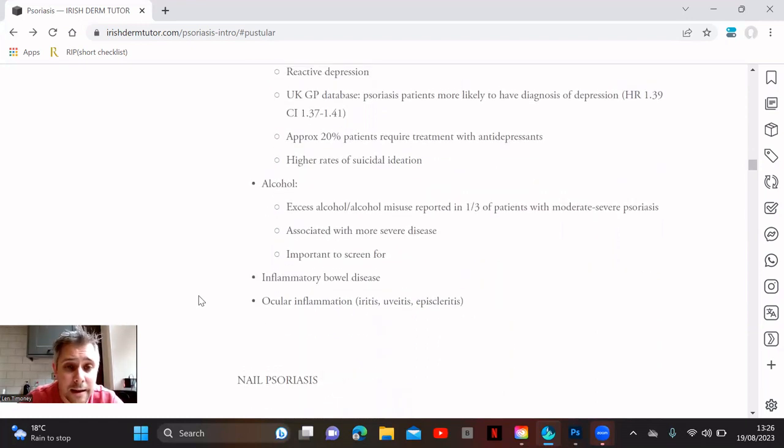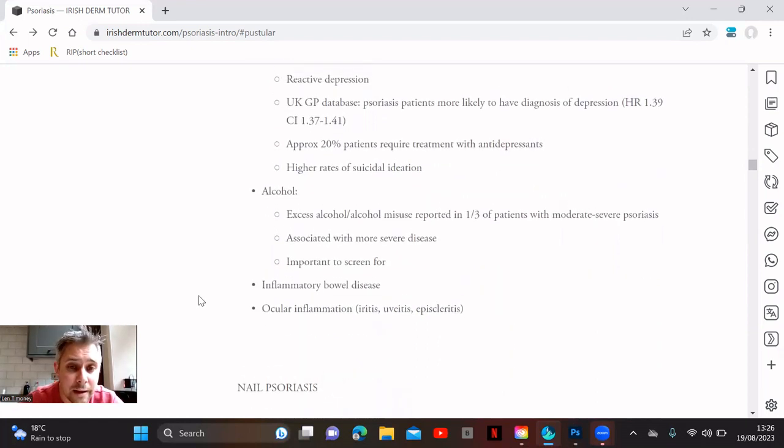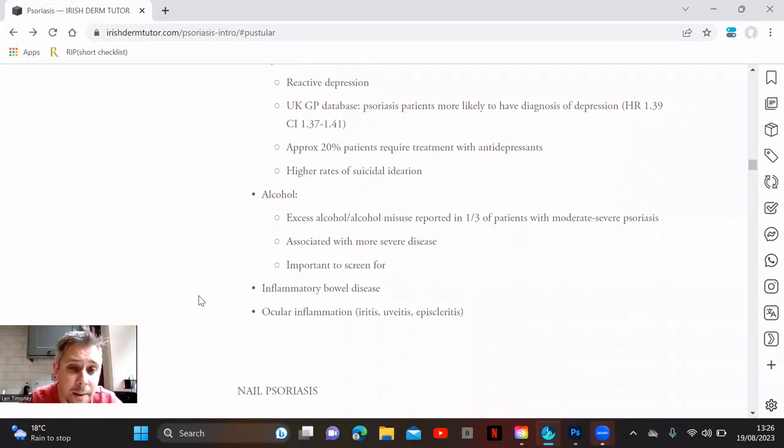And alcohol again is associated. Now is it in part due to their alcohol or their possibly unhealthy lifestyle that they're getting flares of psoriasis, or is it that the inflammation from the effects of having psoriasis leads them to drinking alcohol? It can be unclear, but excess alcohol or alcohol misuse is reported in about a third of patients with moderate to severe psoriasis.